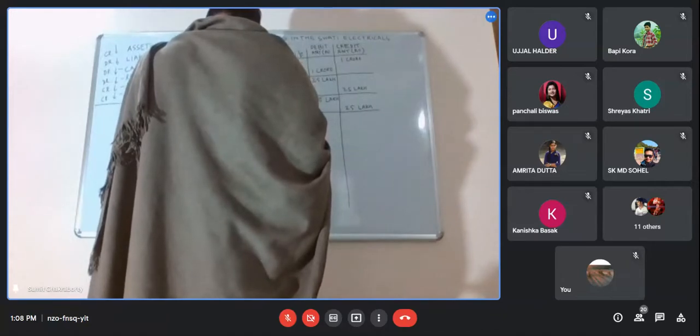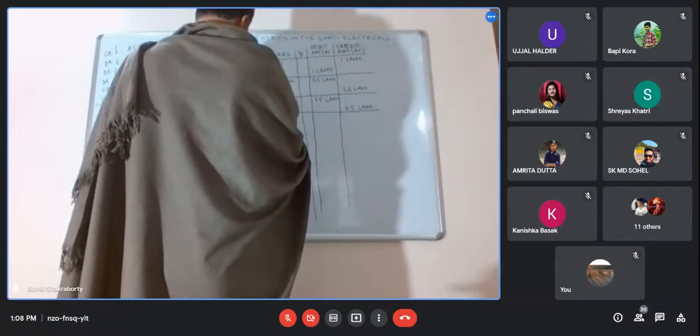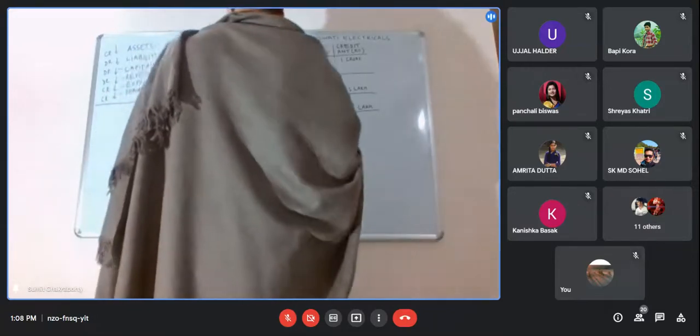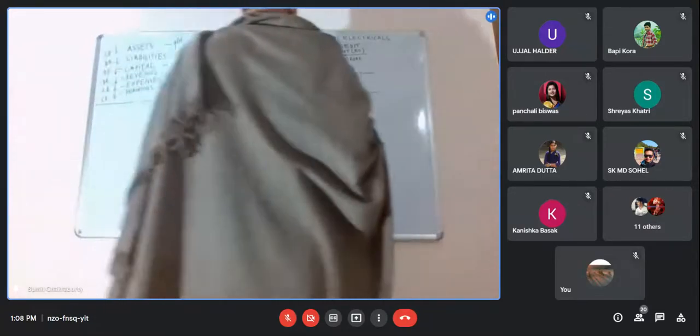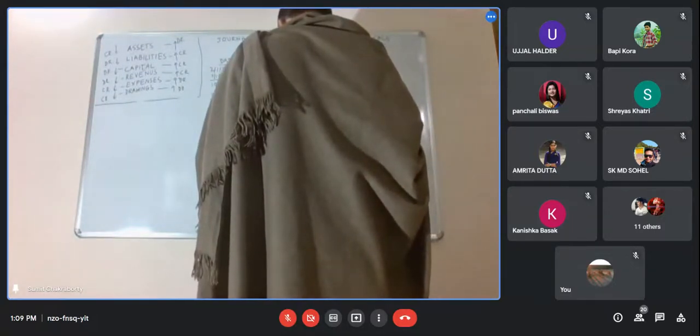Made sales, so sales account. Sales is revenue, so credit. How much in the sales account? 20 lakh.